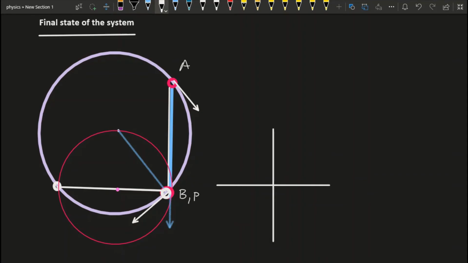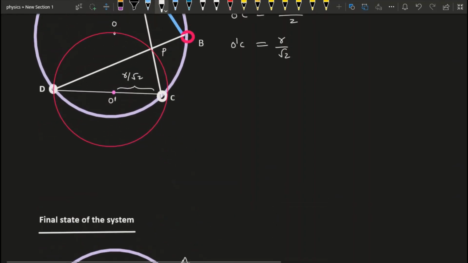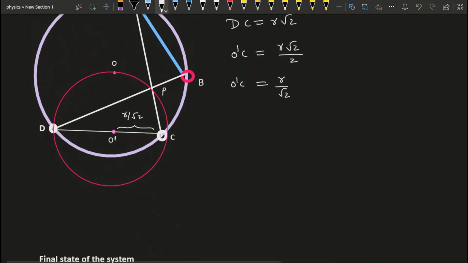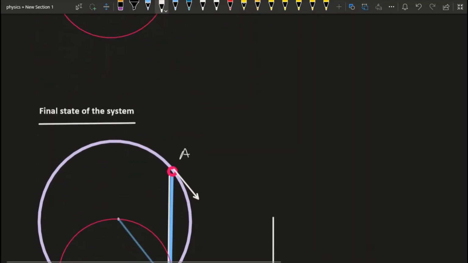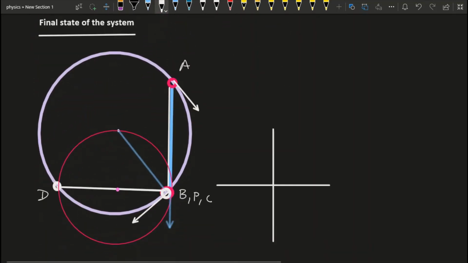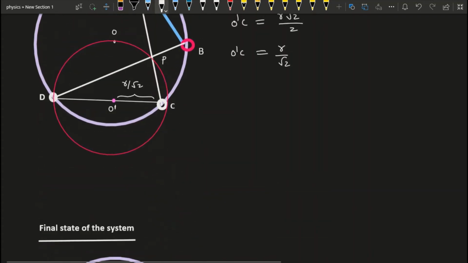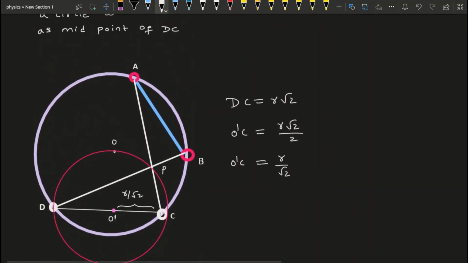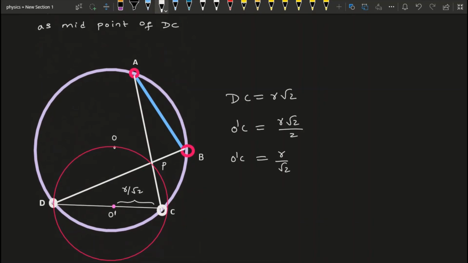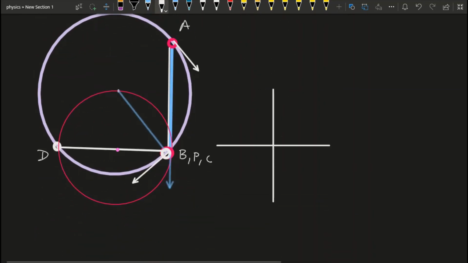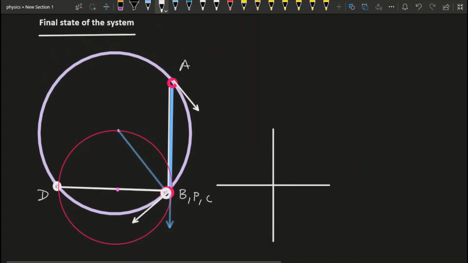It coincided with the point B, and C is also there, and B, P, C all coincided here, and this is the point D. You can see we are having the chord DB coincided with DC, and the chord AC coincided with the length of the rod AB.